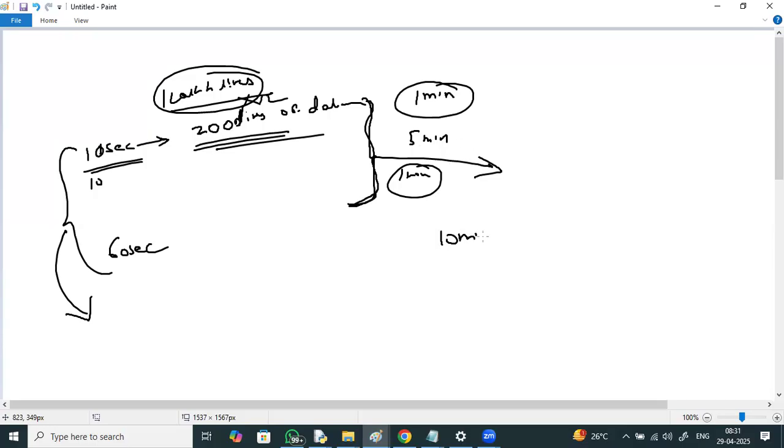For every 10 minutes, huge data is getting generated at a high rate of speed, and at the same rate of speed, the data has to be processed and you need to see the results of it.